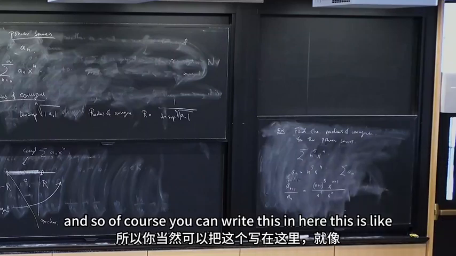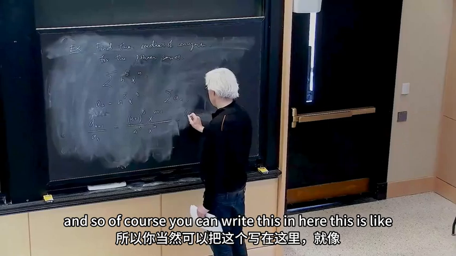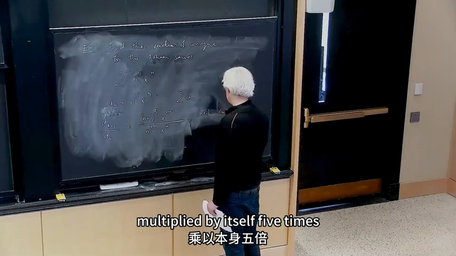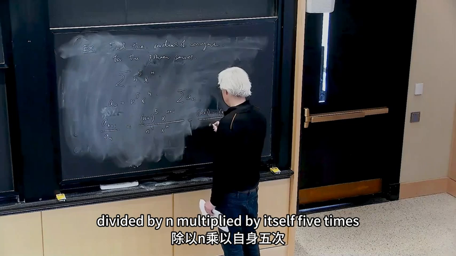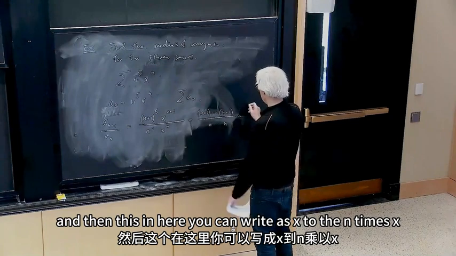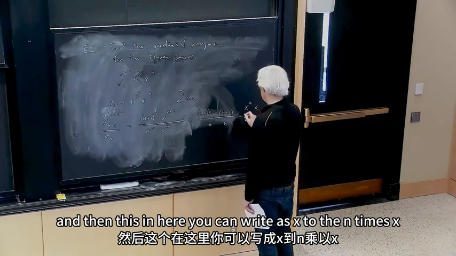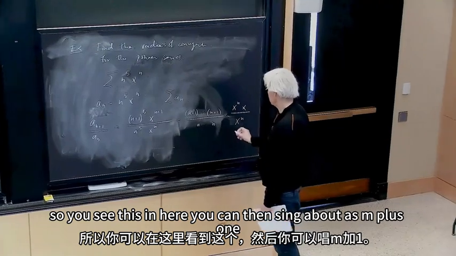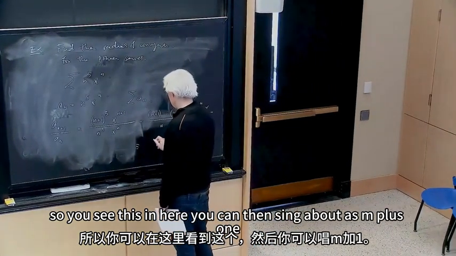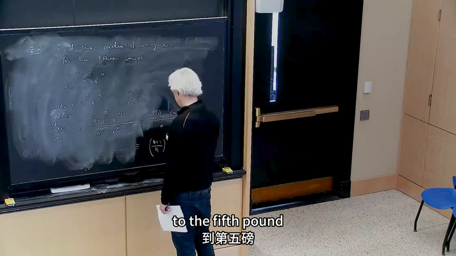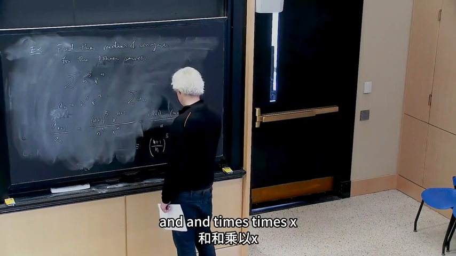Of course, you can write this as n+1 multiplied by itself 5 times, divided by n multiplied by itself 5 times, and x^(n+1) over x^n is x. So this is (n+1)/n to the 5th power times x.